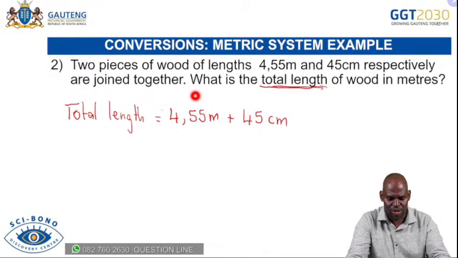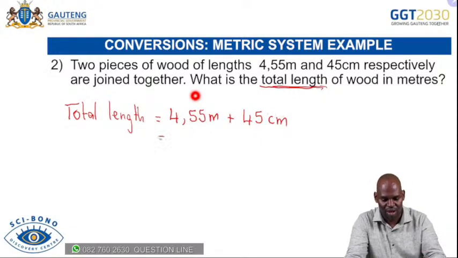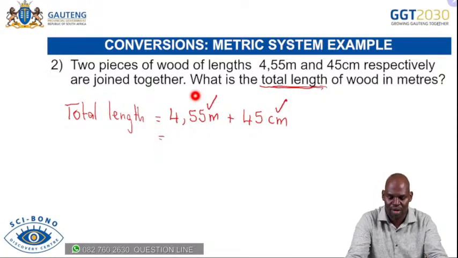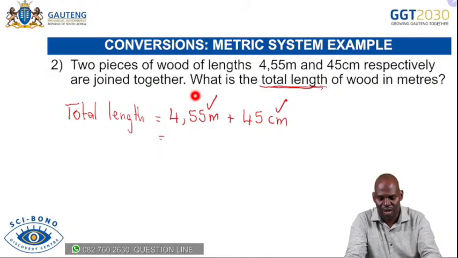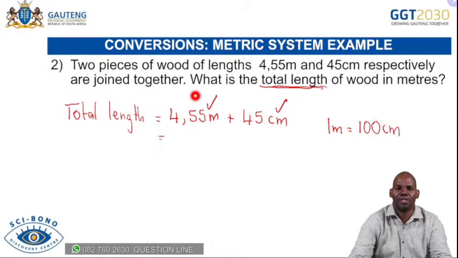Now the question specifies that the answer must be in meters. So for the answer to be in meters, it means for us to add, everything must be in meters. This one is fine, it is already in meters, but this one is in centimeters. We need to convert this from centimeters to meters. If you go back and use the table of King Henry, you will remember that 1 meter is equal to 100 centimeters.